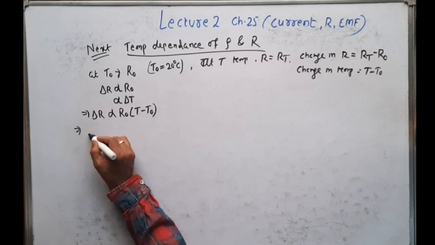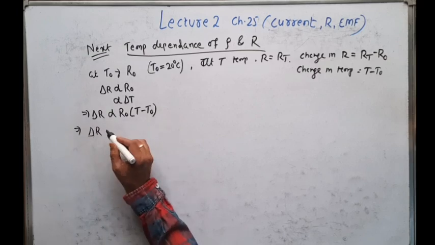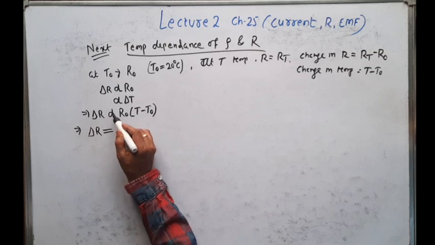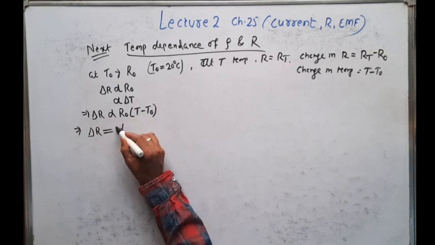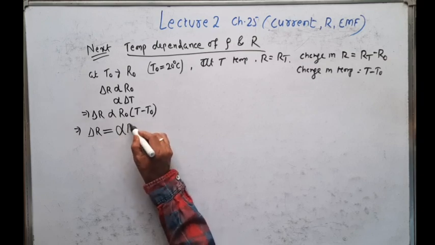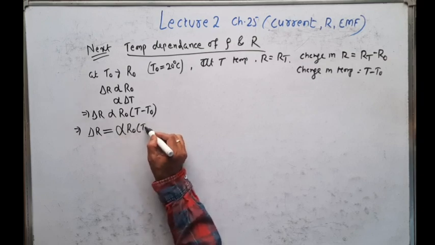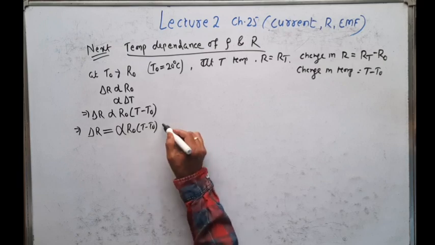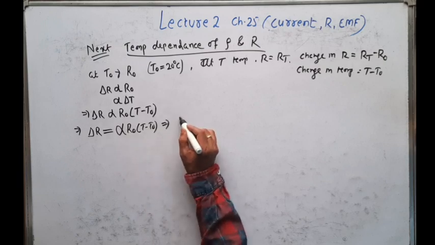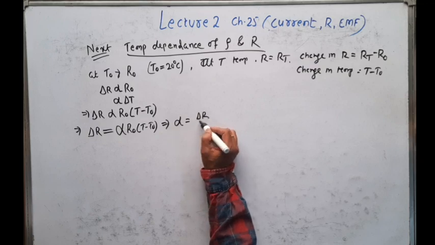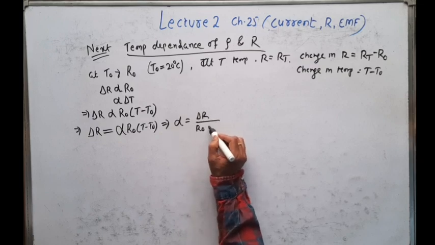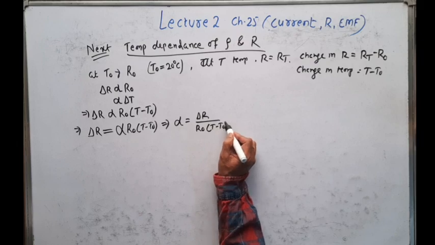So we can write delta R, change in resistance, is equal to some proportionality constant into this. That proportionality constant is taken to be alpha. So delta R equals alpha R naught into T minus T naught, which implies alpha is the change in resistance divided by R naught into T minus T naught.